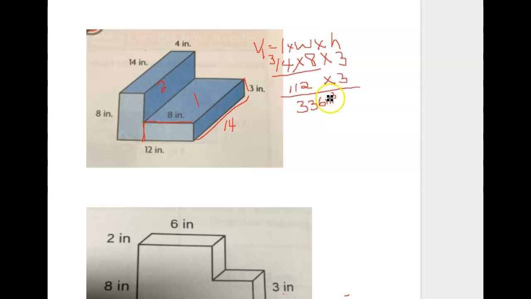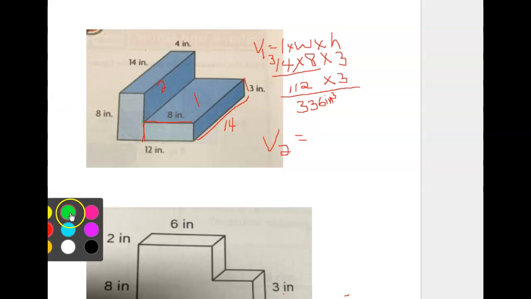Okay. Now let's have box 2 here. Are all the dimensions given? Let us see. Do we have the length? Yes, it is here. This is the length. This one here. Do you have the width?